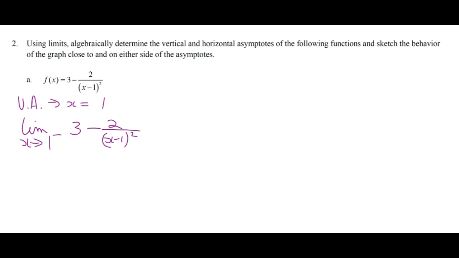It's going to make it positive, right? So the denominator is always going to be a small positive number. So this will be 3 minus 2 over a small positive, which is going to be negative infinity, because 2 divided by a small positive is positive infinity, and then 3 minus positive infinity is negative infinity.